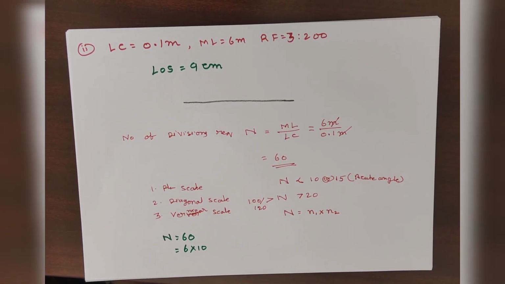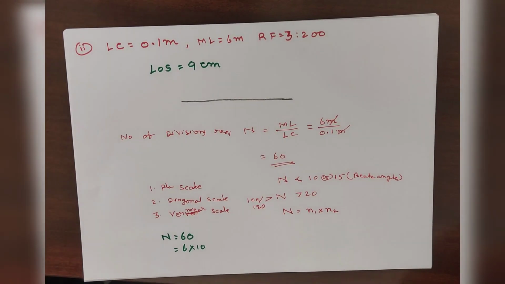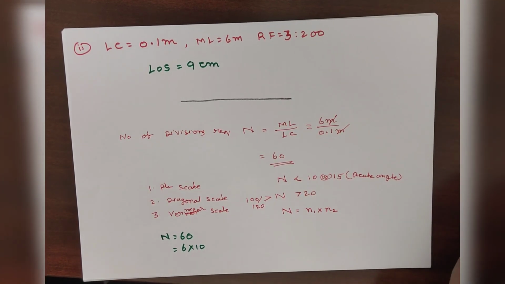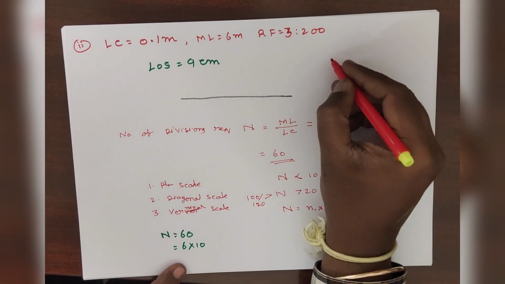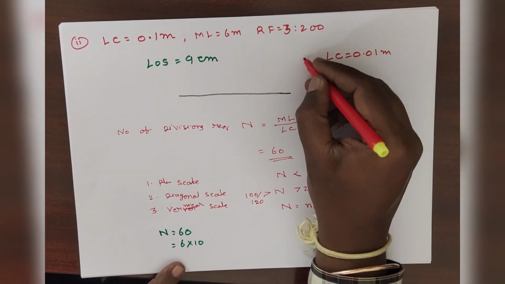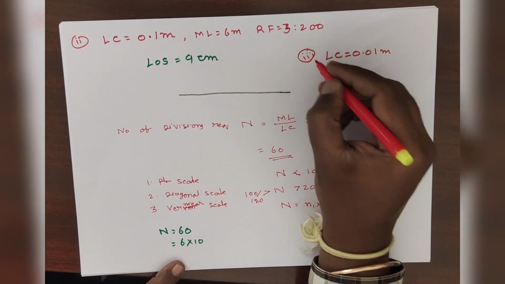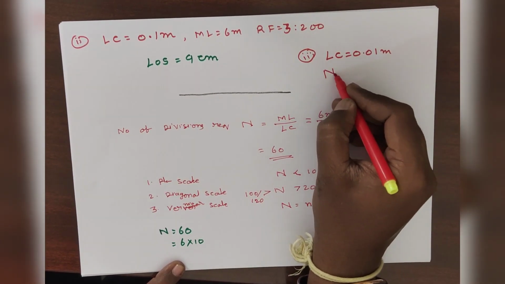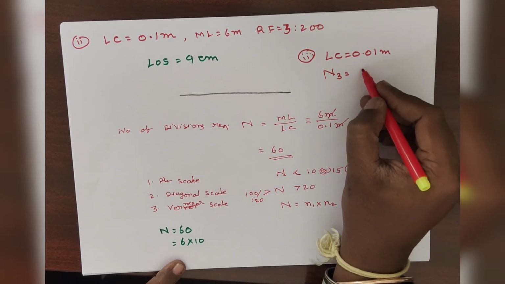Take another example. Sir, if the least count is not 0.1 meter, if the least count is 0.01 meter, this is my third case. Let us consider. Then what is the n we will get in the third case? 600.